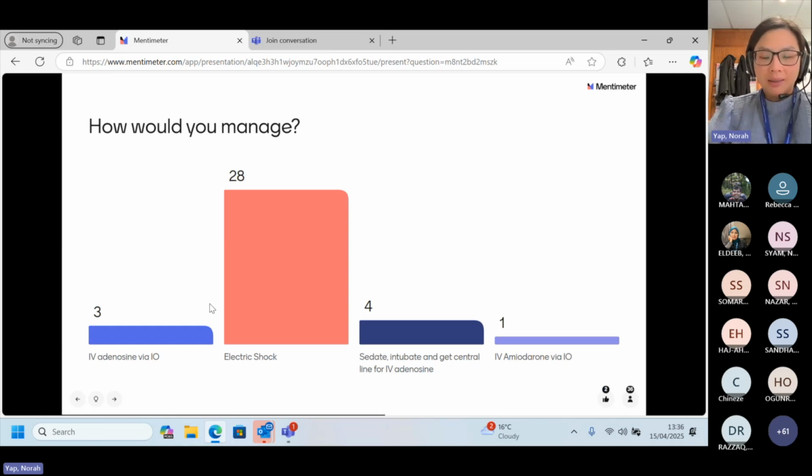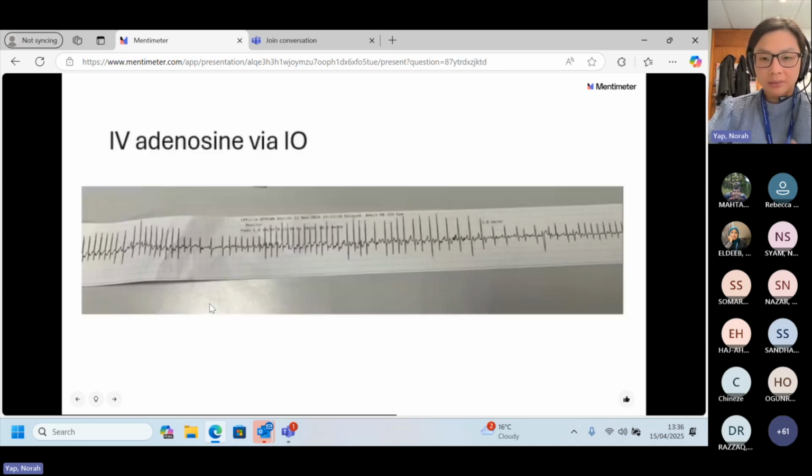You've got all other parameters telling you that this blood pressure cannot be true. So I think the right step would be to sedate, intubate, get a central line, and either go for electrical cardioversion or try the adenosine if you want.